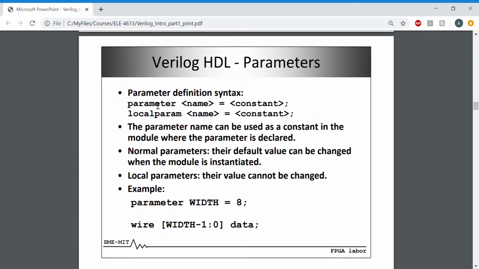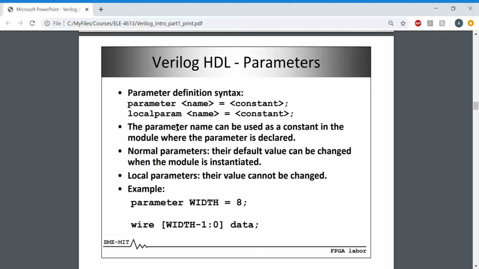Parameter definition syntax. So you can use parameters. What is a parameter? A parameter is something that is not going to have a variable value during operation. A wire is something that can take 0 or 1, depending on what is happening.